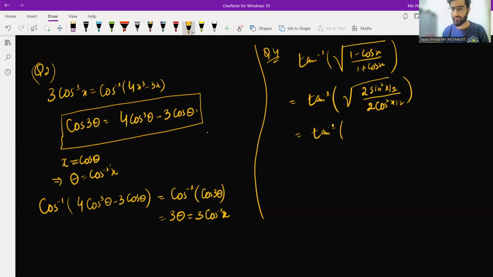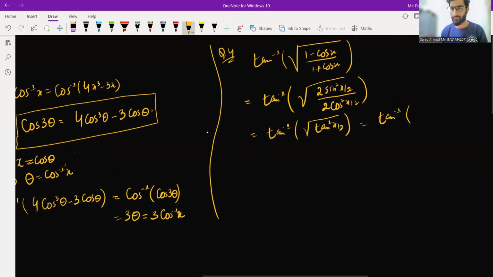Tan inverse of square root of tan square x by 2, right? So this will be tan inverse of absolute tan of x by 2.